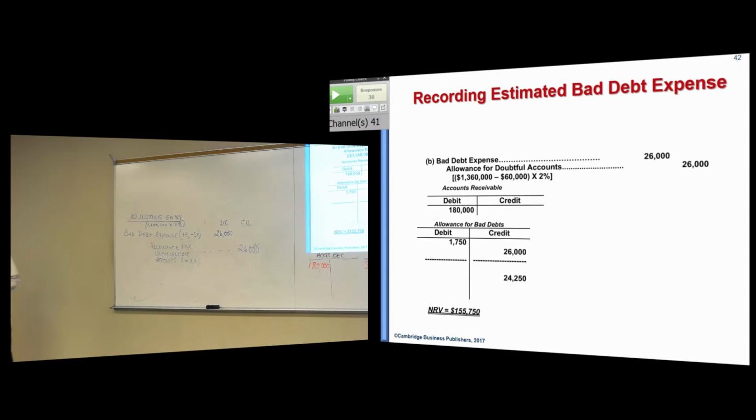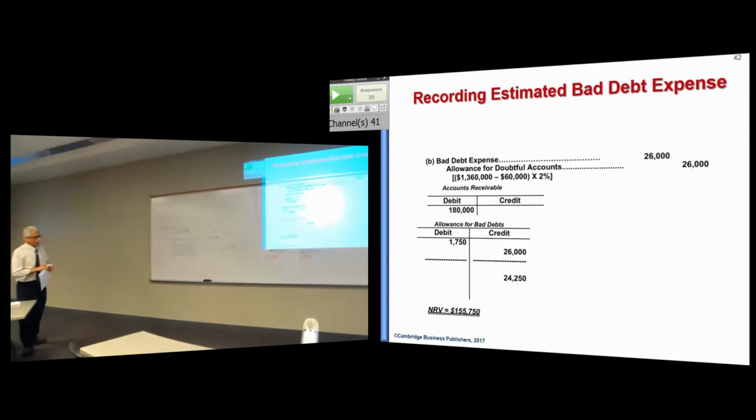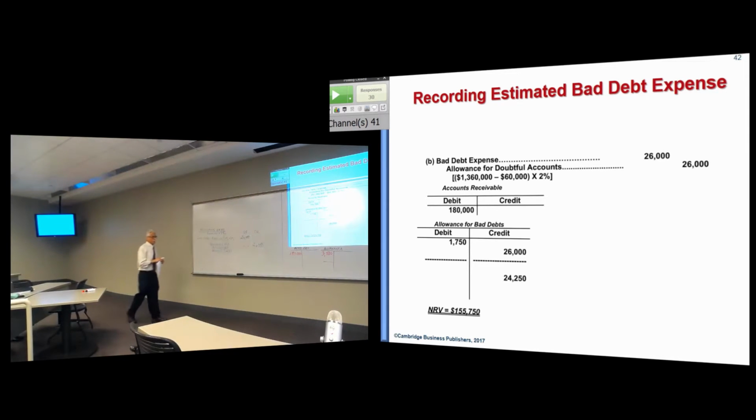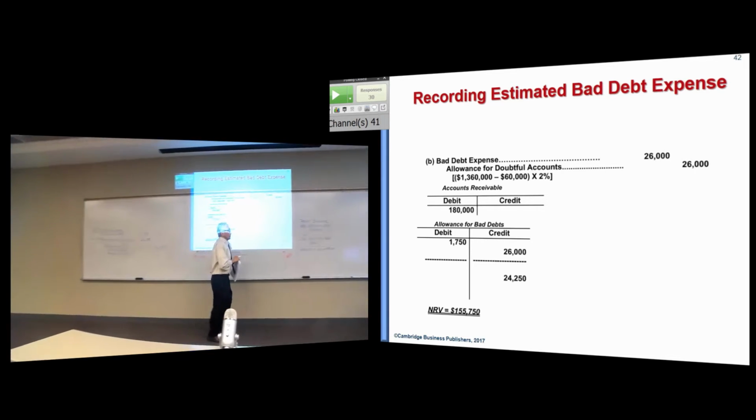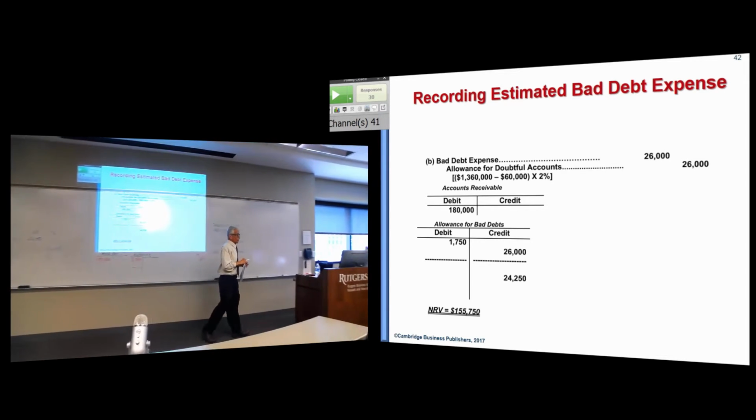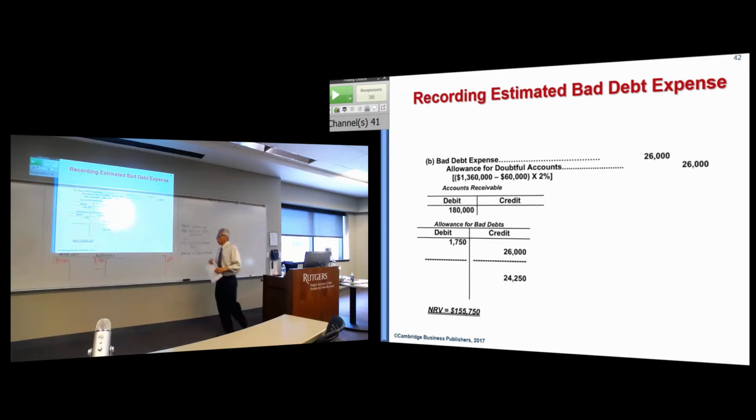We're not concerned with what goes on in the allowance account. 2% of net credit sales. So the journal entry debits the bad debt expense for $26,000, credits the allowance account. So the adjustment here, and you have it up on the screen, $26,000. The balance goes to 24.